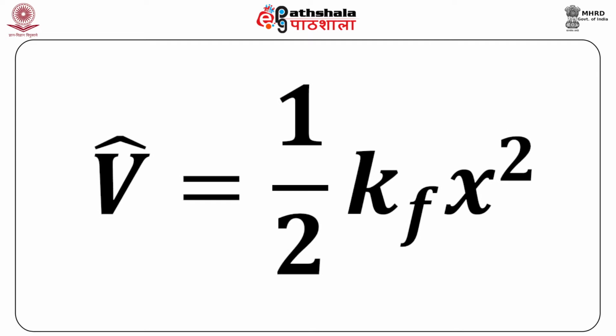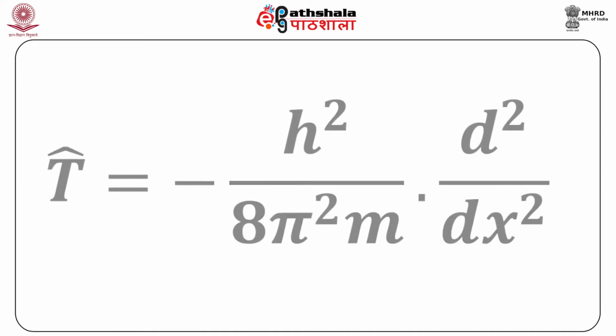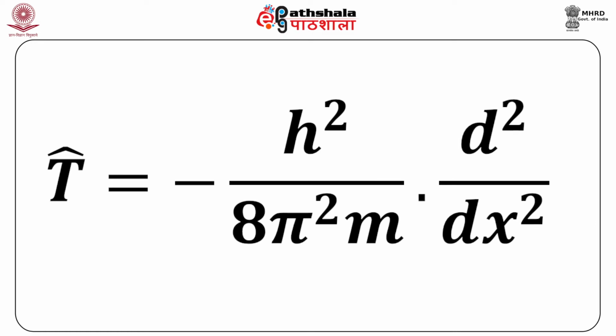V cap, as we have already seen in terms of potential energy, would be equal to half kf x square, and the corresponding kinetic energy operator T cap would be equal to minus h square upon 8 pi square m d2 by dx2.